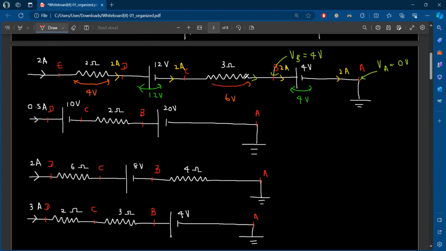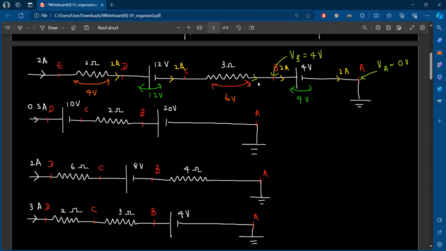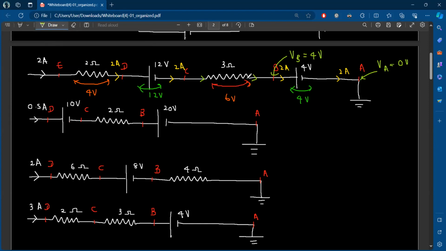This point is where the current meets first, and this point is where the current meets second. Am I correct? Is it clear?